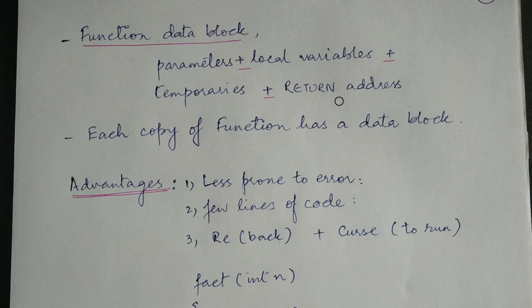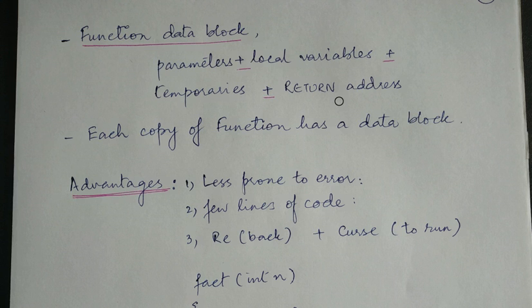So that's why recursion is a bit expensive, in the sense that if you call the function 100 times, you have to save 100 copies of the same function. So it is expensive in terms of memory, and obviously it takes time to copy that block for that function, and then when you return, you have to recopy it and set the environment based on your previous function call. So that takes a bit of time.